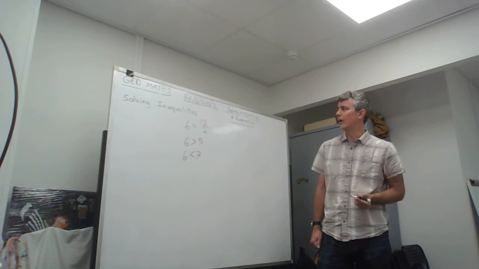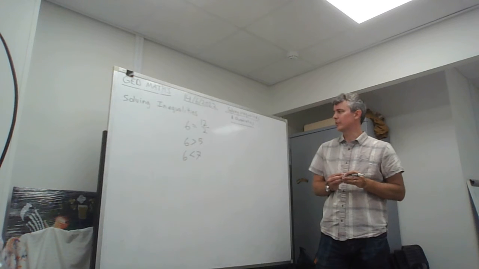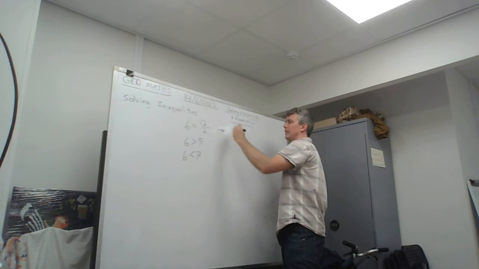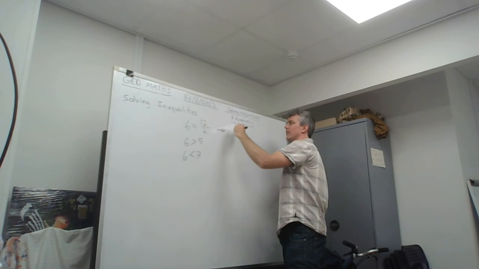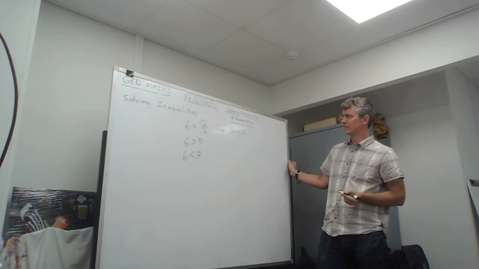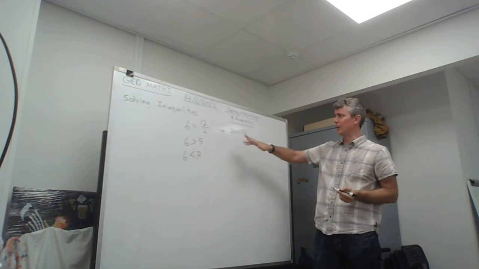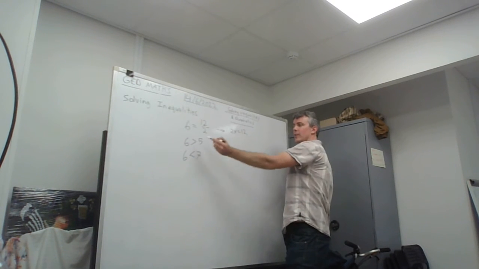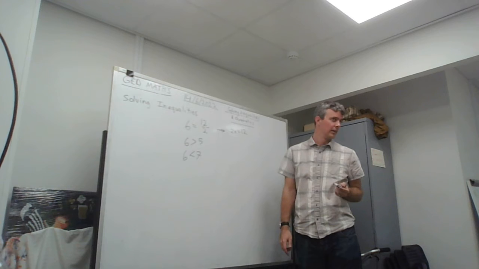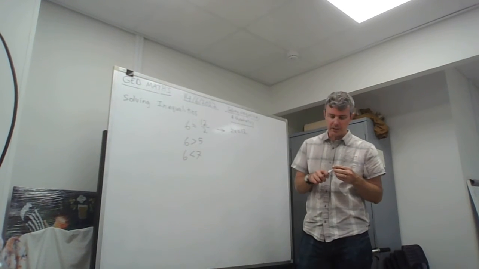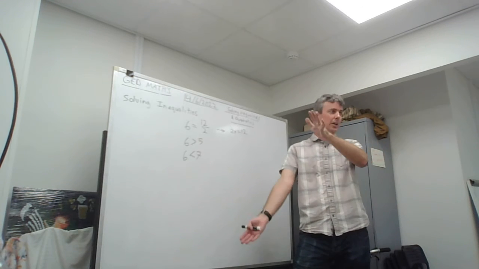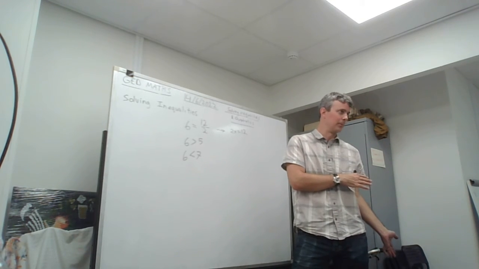Now what's interesting with these is, if 2x equals 12, we use algebra and we solve that x equals 6. But you can actually do the same thing with inequalities. Instead of a single answer, your answer is x is any number greater than or less than a certain number.